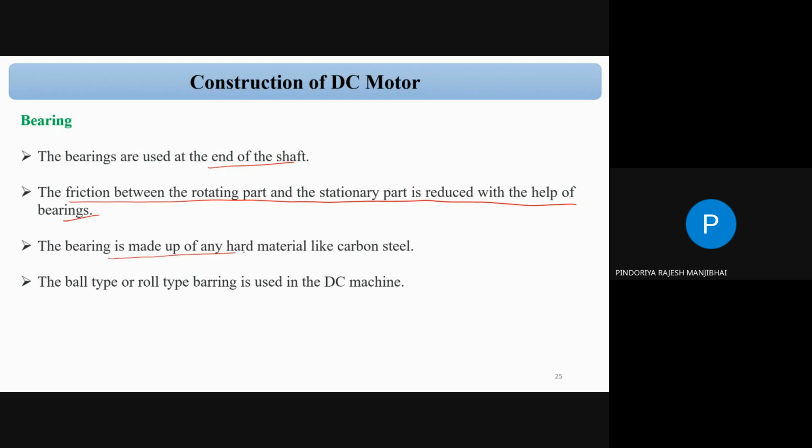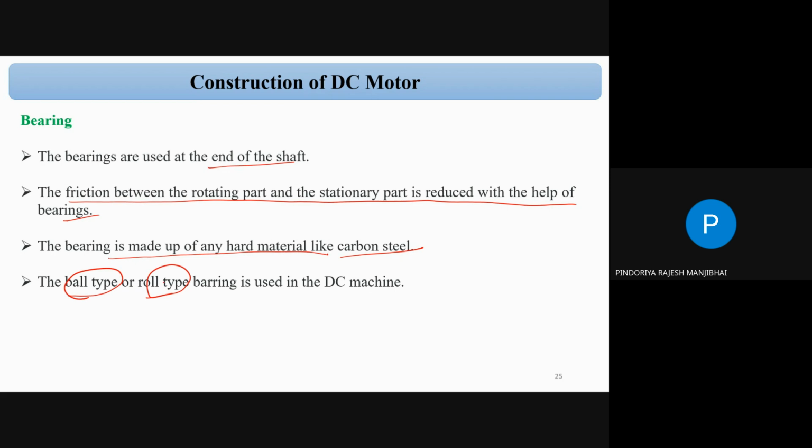Bearings are made of hard material like carbon steel. There are many types of bearing, but normally we use the ball type and roll type bearing in the DC machine.